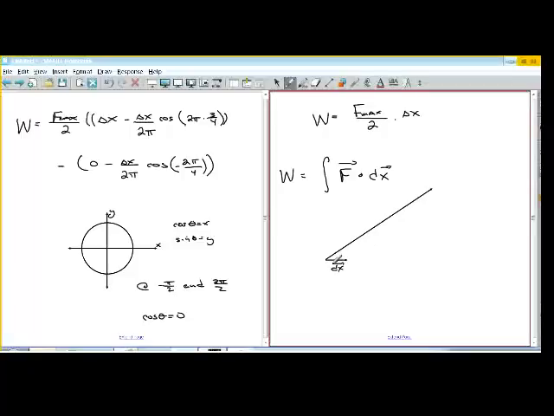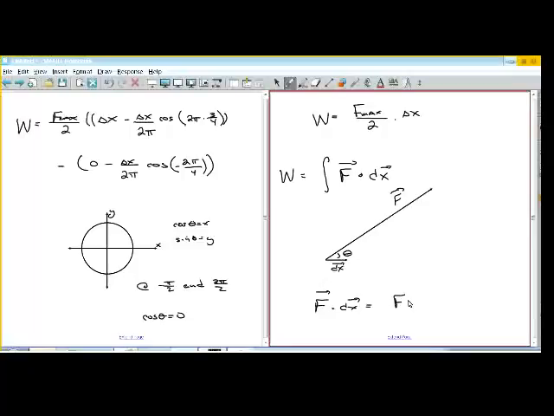And it turns out that if you have a force vector in this direction, and let's say your displacement is in this direction, so we'll say the displacement dx vector is here, and this is my force vector, and there's an angle theta between the two.